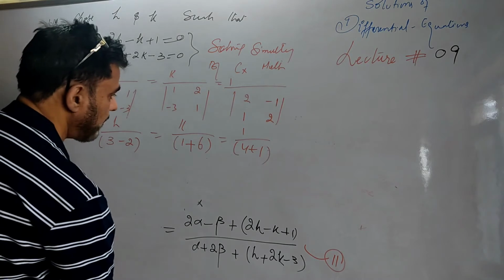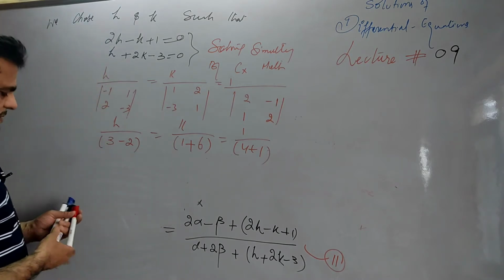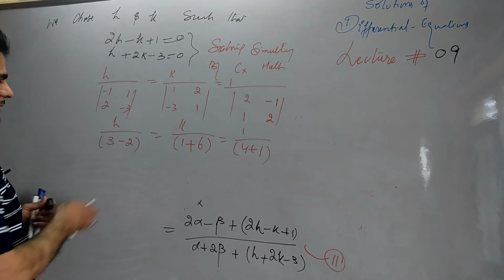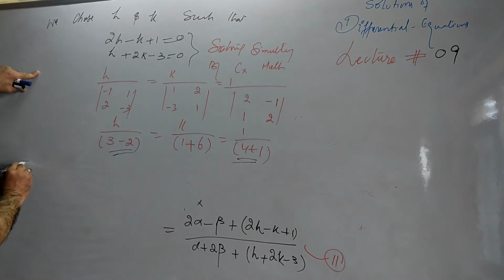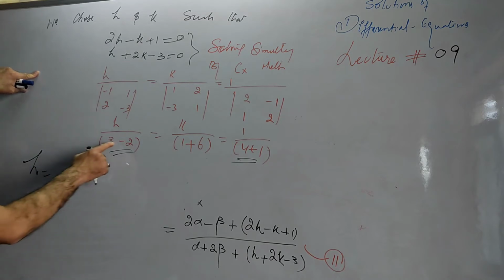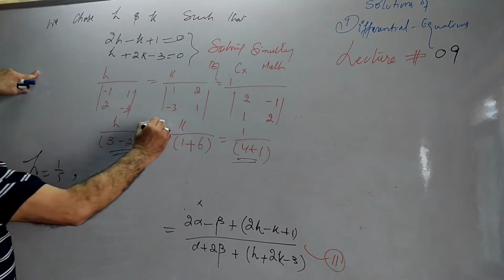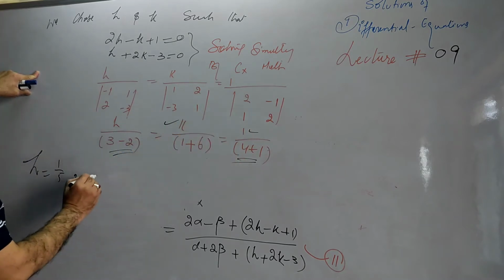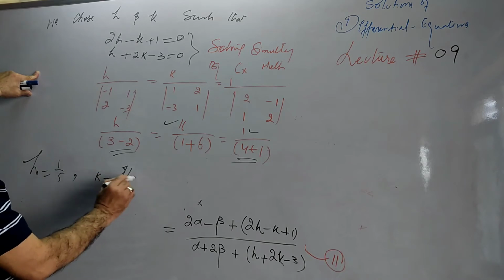Well, take first and last. When you take this and this, you will get h is equal to 1 by 5. Take second and last, you get k is equal to 7 by 5.